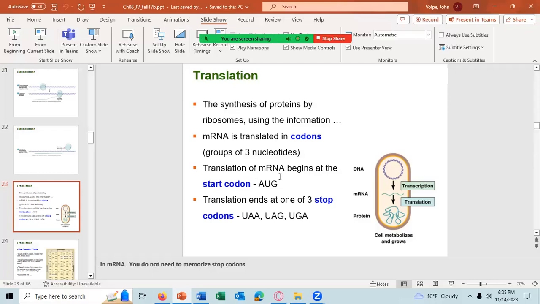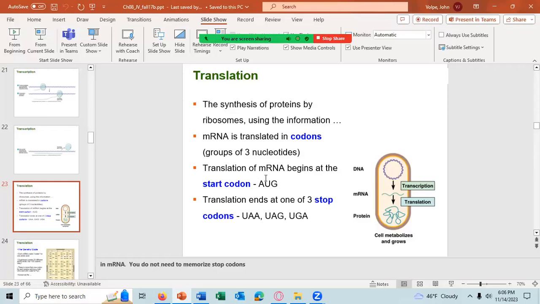The start codon serves two functions. It tells the ribosome, begin protein translation here, and then it also codes for the amino acid methionine. So every protein, when it is first translated, will always start with the amino acid methionine, because that is what AUG codes for.